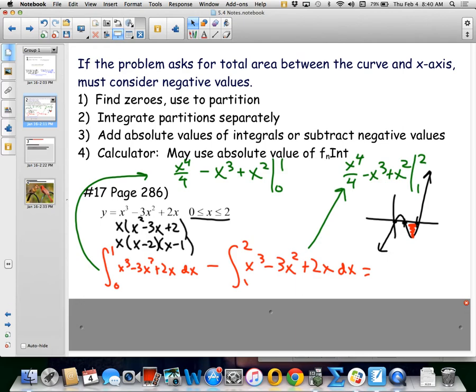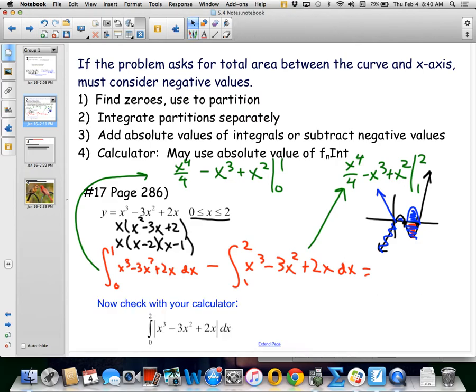You may recall when I've graphed these on the board that absolute value takes any part of the graph below the x-axis and reflects it up above the x-axis. It would take this part right here and put it up here, and this part right here would be here. In that case, everything is above the x-axis, so we could add those together.